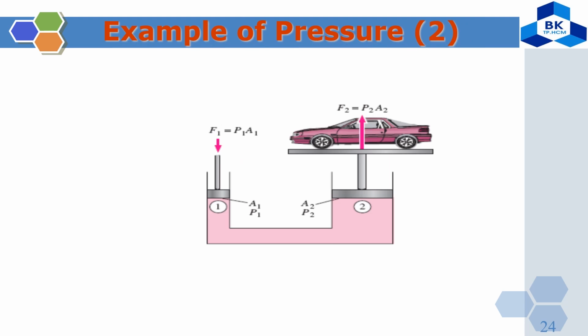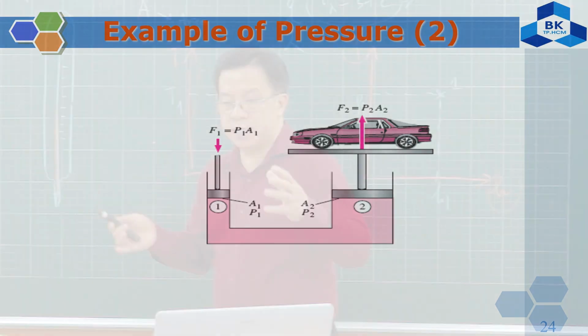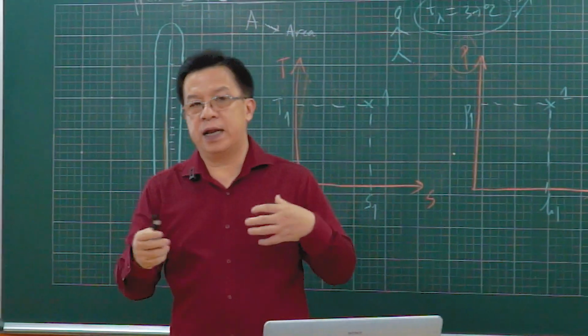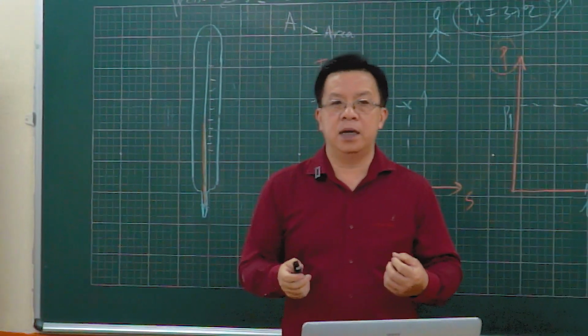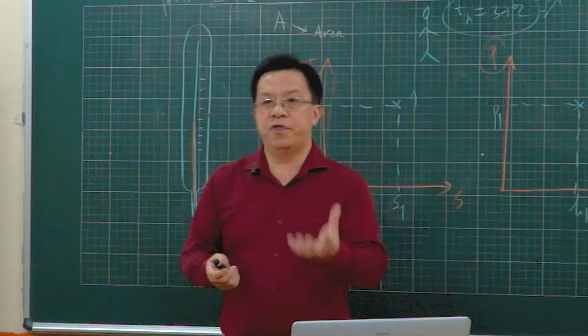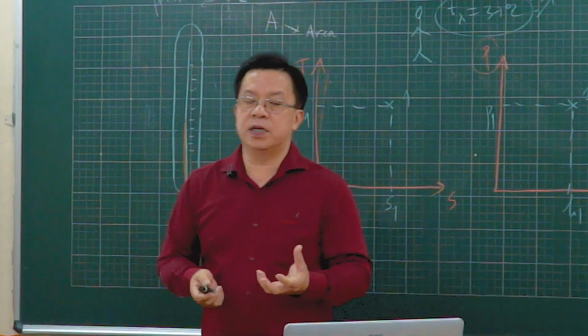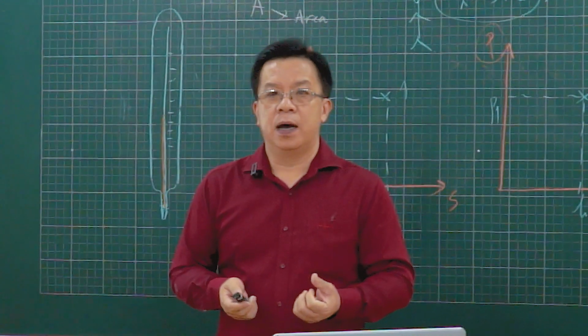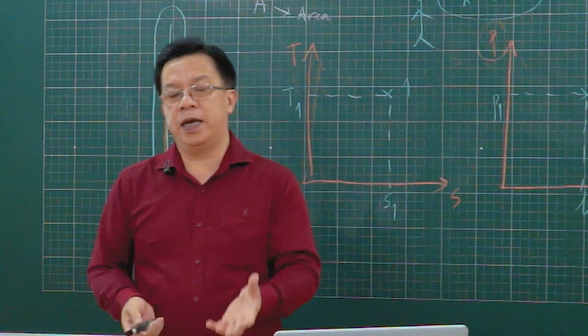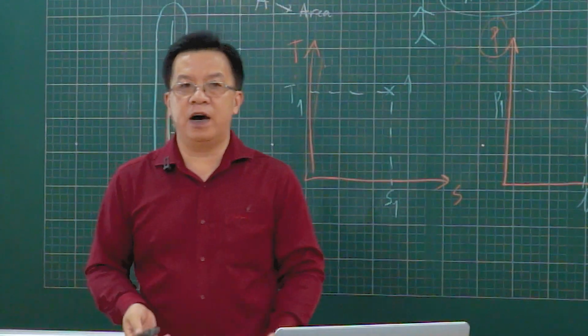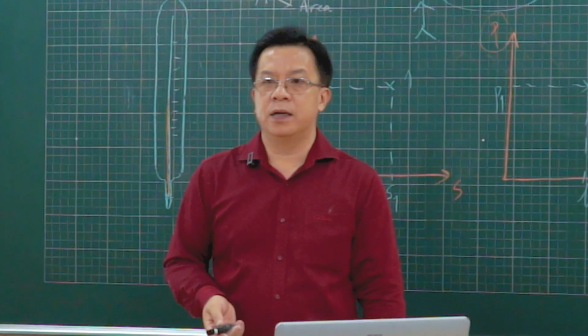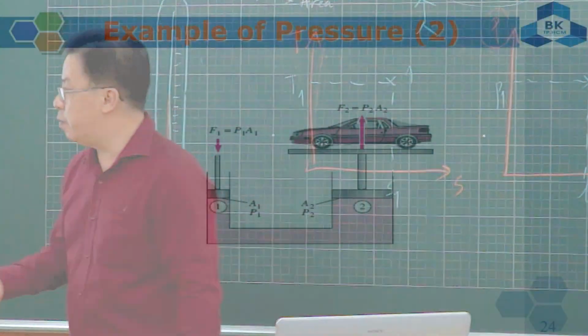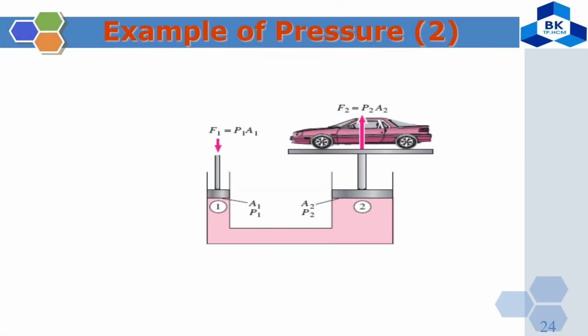With this principle, you can see in a garage when they want to fix a car, they can lift the car up. Of course, the car is very heavy. So how can they lift a very heavy car with just a very small piece of equipment?